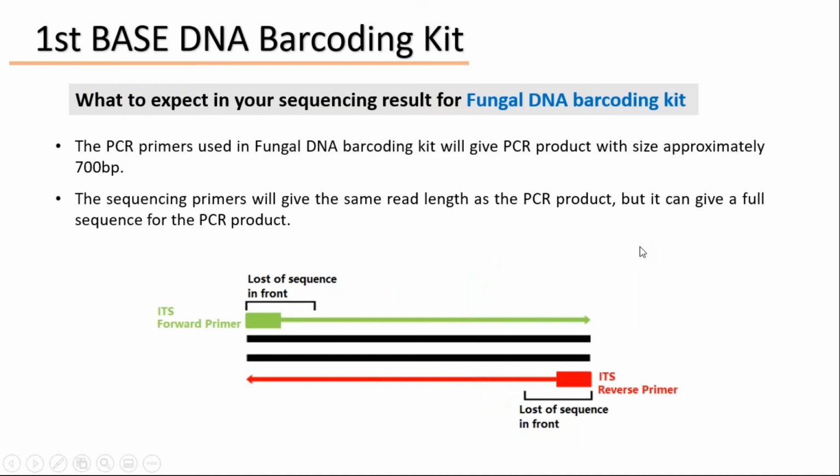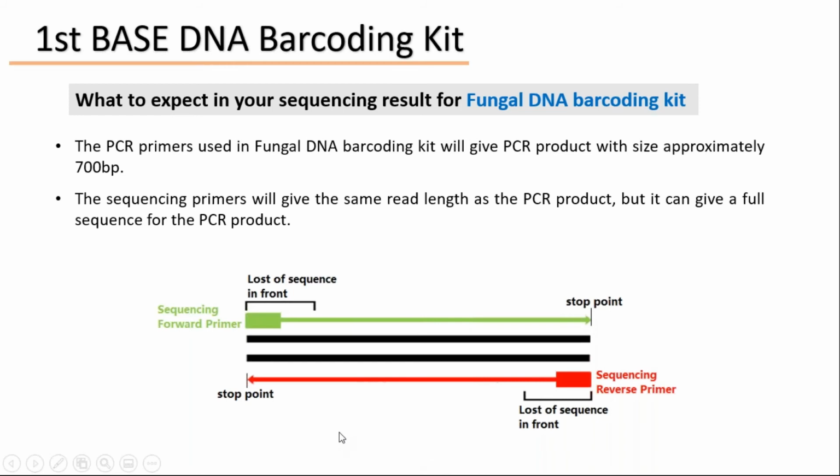For the fungal DNA barcoding kit, the PCR primer will give you approximately 700 base pairs, shorter than the bacterial barcoding kit. And the sequence will also give you about the same length, except there is a loss of sequence after the priming site, which can also be covered by the sequence result from the opposite side.